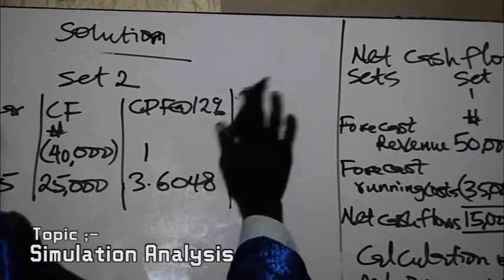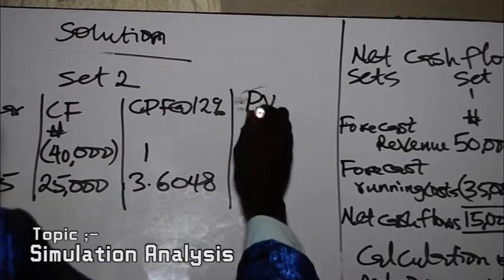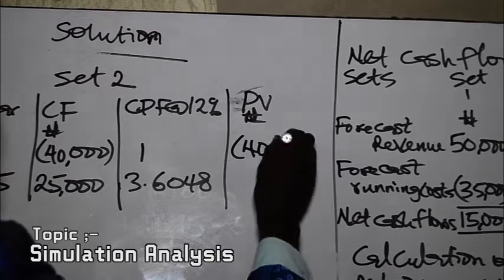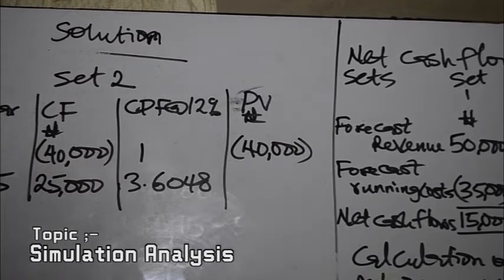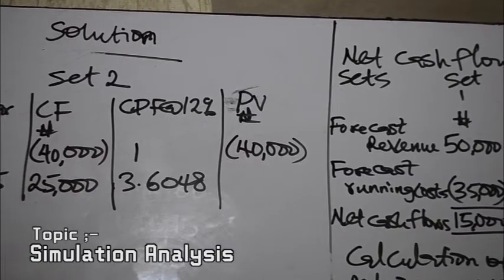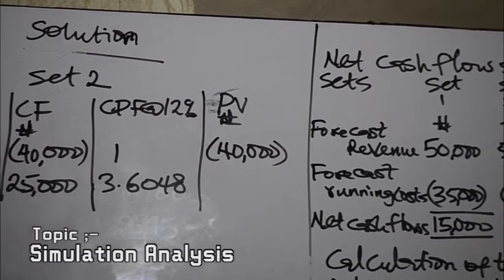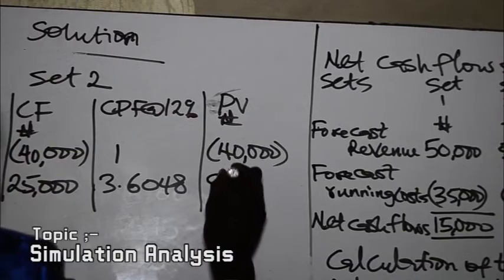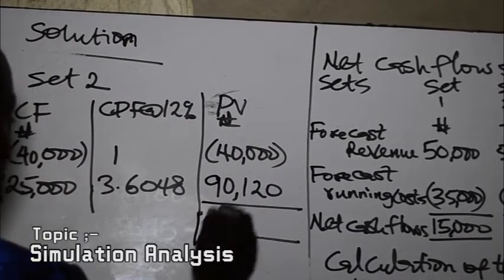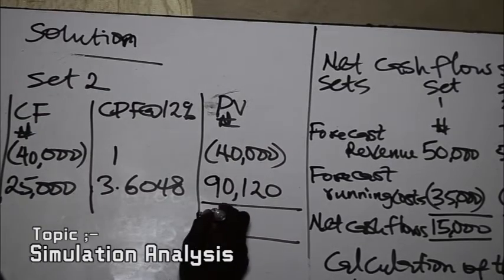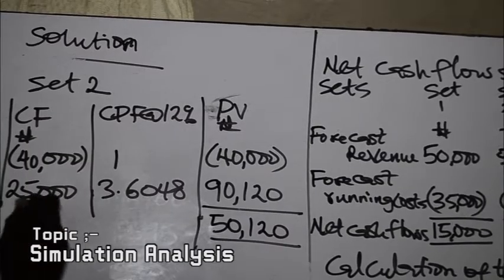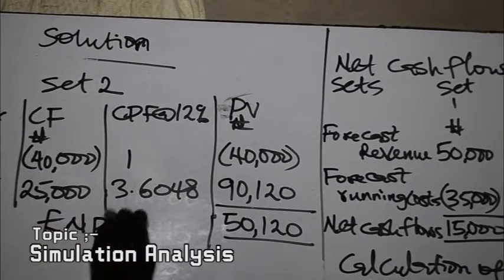For the present value, 40,000 times 1 is 40,000, and 25,000 times 3.6048 gives us 90,120. If you subtract 40,000 from 90,120, you have 50,120. That is our expected net present value for set 2.